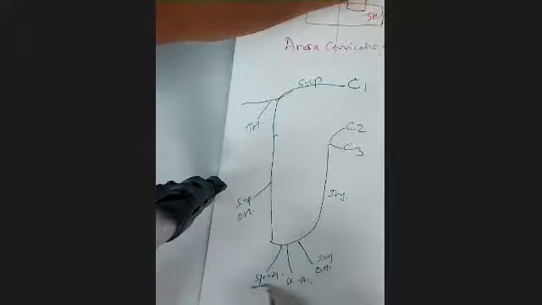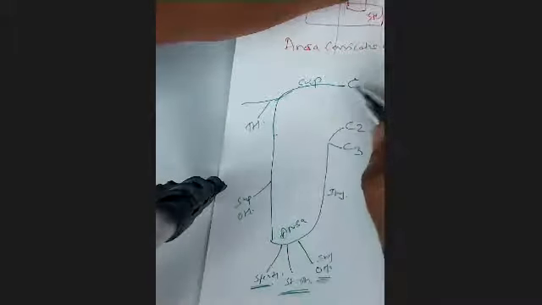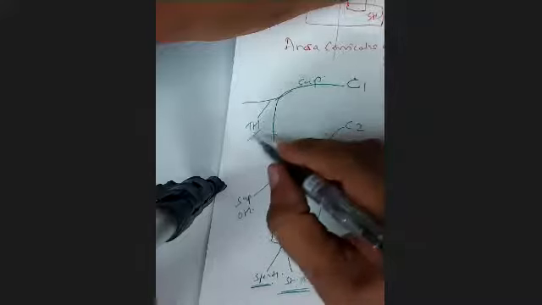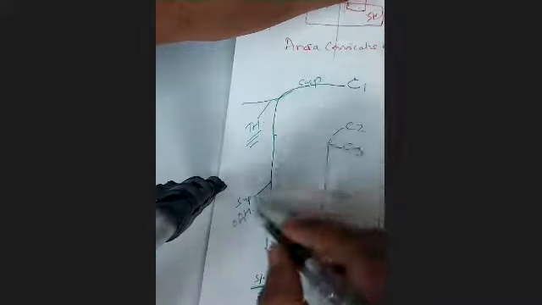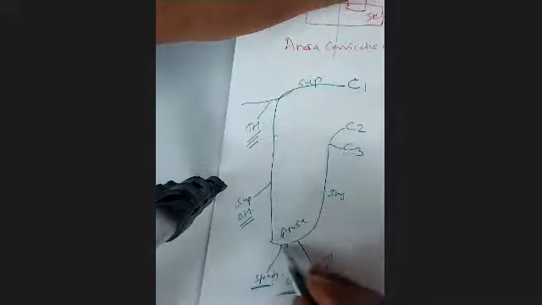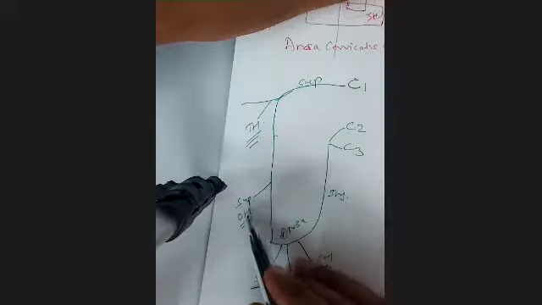So the lower down muscles, sternohyoid, sternothyroid, omohyoid, are all supplied by this nerve called ansa cervicalis, formed by C1, C2, C3. This C1 forms the superior root, which directly supplies thyrohyoid. It also supplies the superior belly of omohyoid.